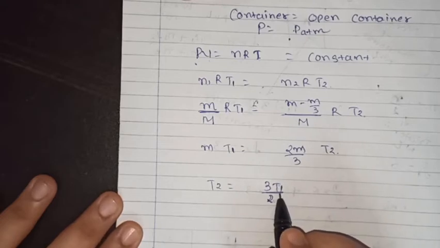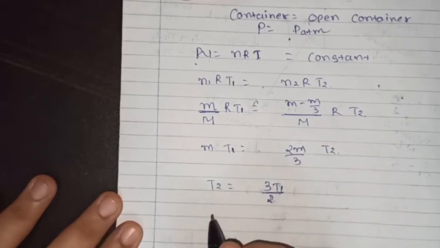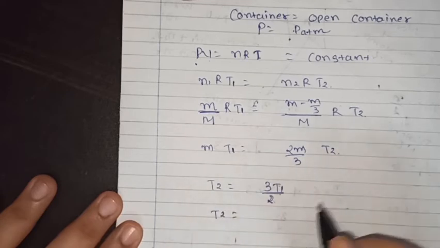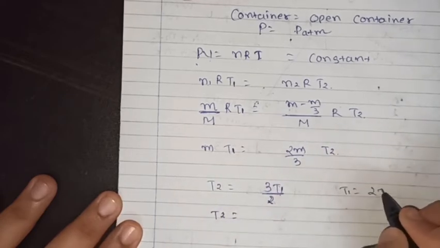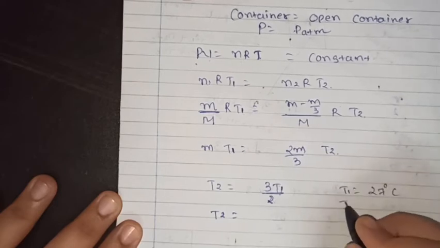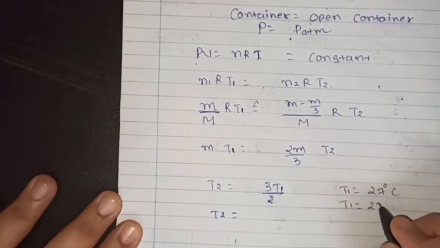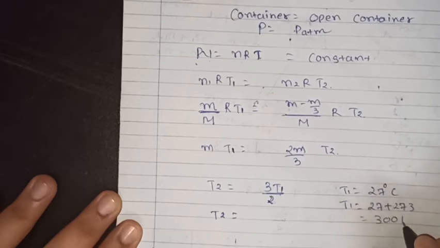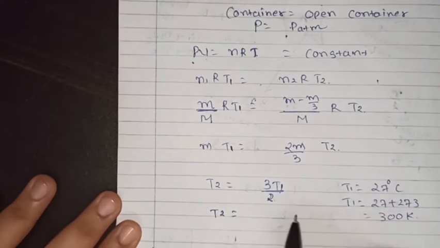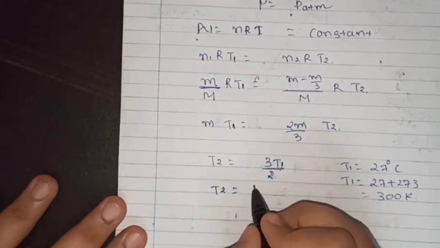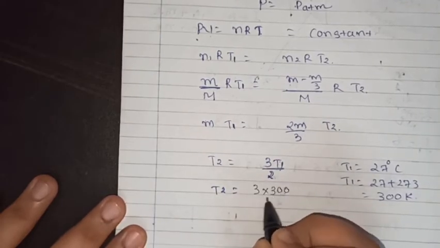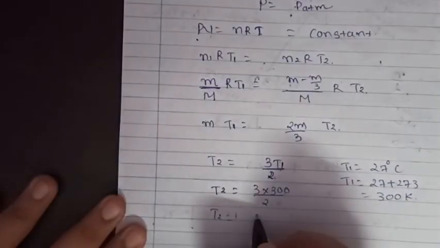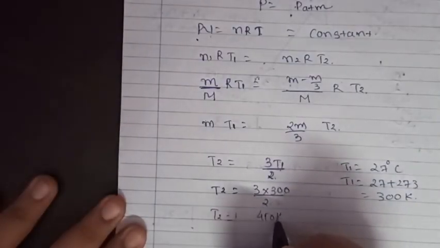Here temperature is 27 degrees Celsius, but we have to convert it in SI unit, so T1 is equal to 27 degrees Celsius, that will be equal to 27 plus 273, so 300 Kelvin. Put this value over here, so 3 into 300 divided by 2, so T2 will be equal to 450 Kelvin.